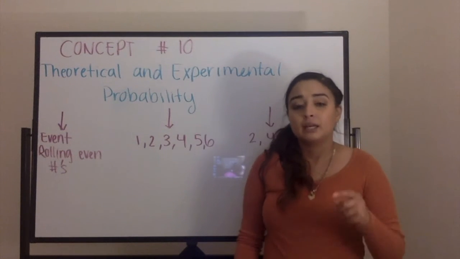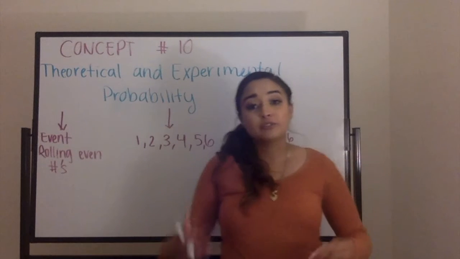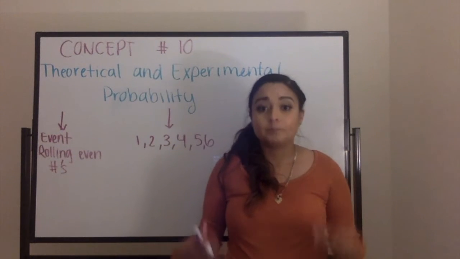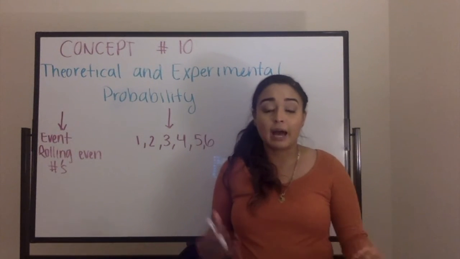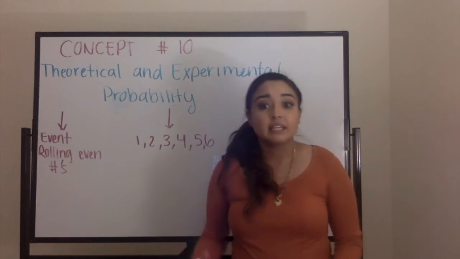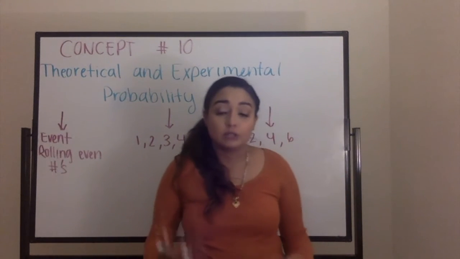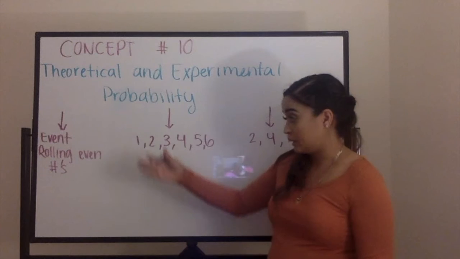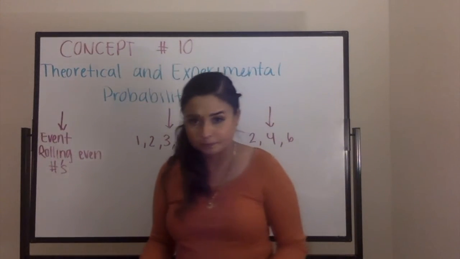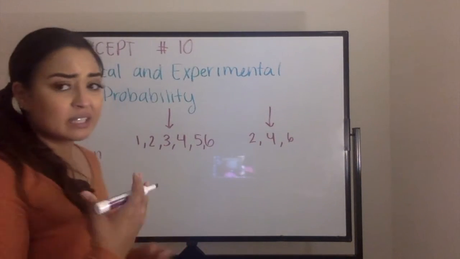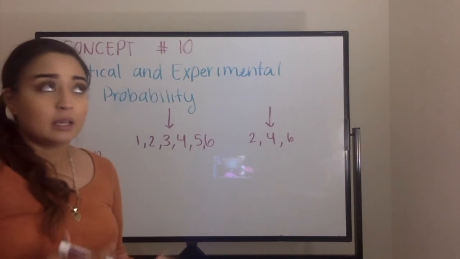Now, for me to find the probability of how likely it is for me to get my event, which is rolling an even number, there's a formula.